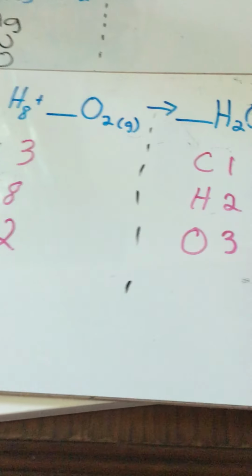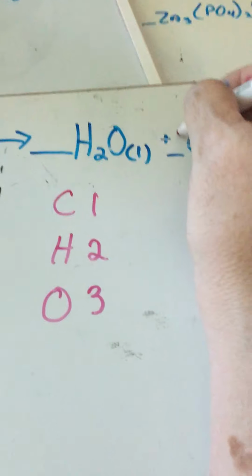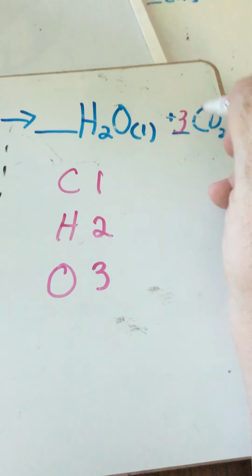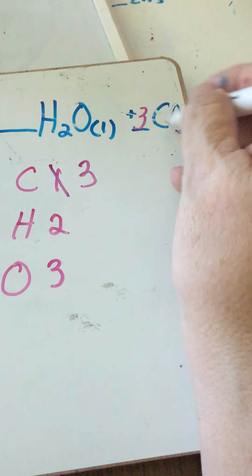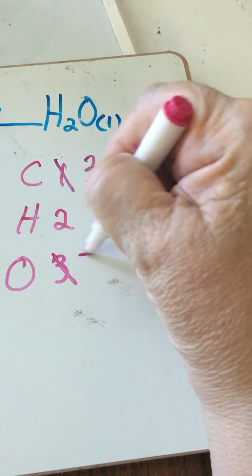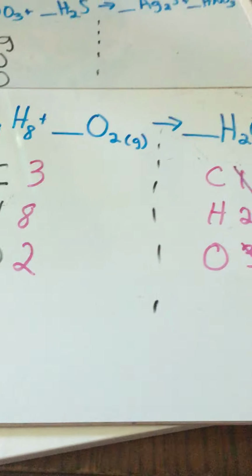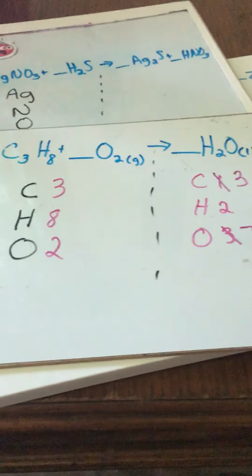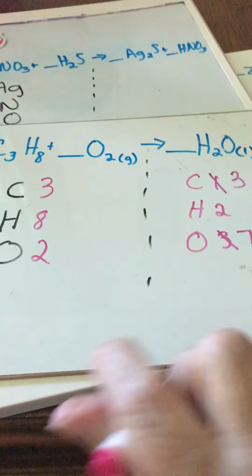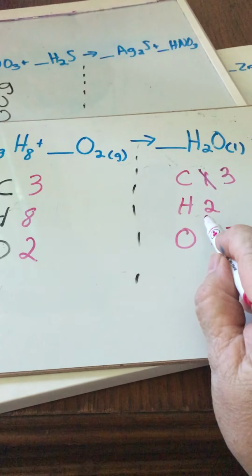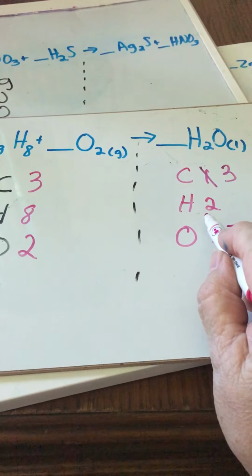So I have a 3 over here, I need 3 carbon over here. So I'm going to put a 3 in front of this and recount. Now I have 3, this is 6, 7 oxygen. All right, next I'm going to go to hydrogen. I can see that if I want to get this to be 8, I'm going to multiply it by 4.